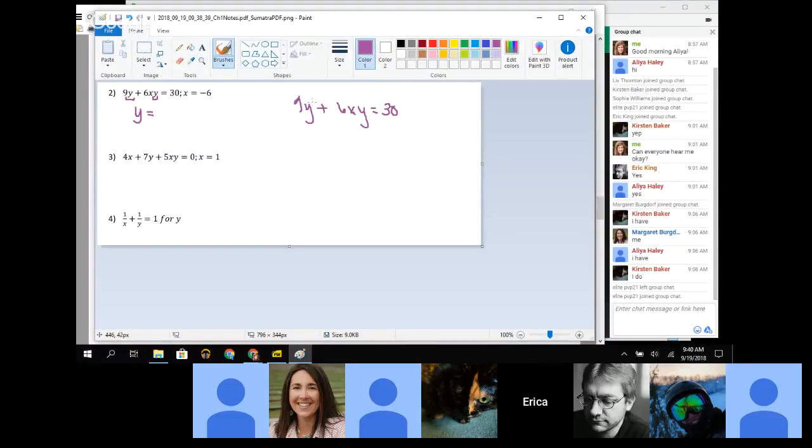Okay. What I do notice is I do have a y in each of these terms. So first of all, can I combine these two terms together? Are 9y and 6xy like terms? Can I add them together? Nope, right?